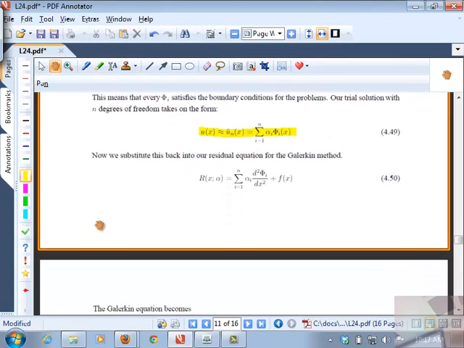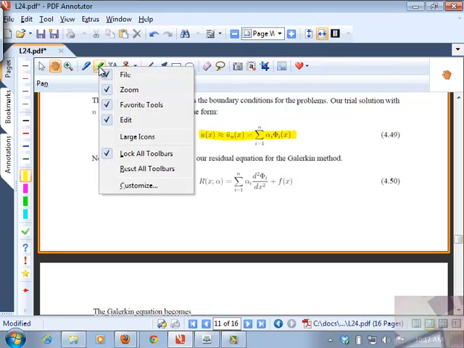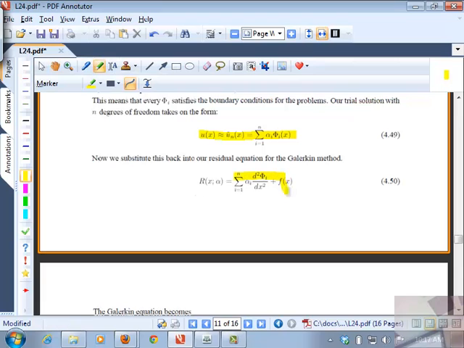This part should be familiar. What are we doing here? We are taking the proposed solution and plugging it into the differential equation to form the residual. So that is the residual. And the summation, of course, is there. It has to be carried out. And alpha_i are the unknowns at the nodal points.